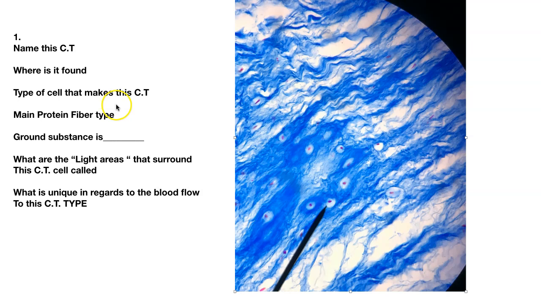What is the type of cell that makes this connective tissue? Here you can see the cell nucleus right in here. So what kind of cell, what is this cell called that is making this connective tissue?